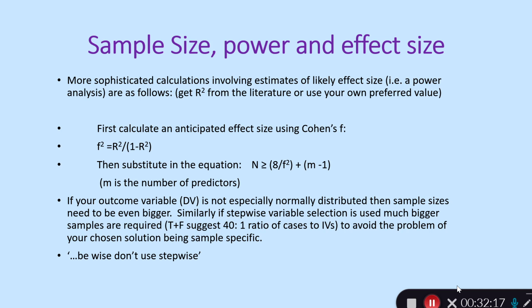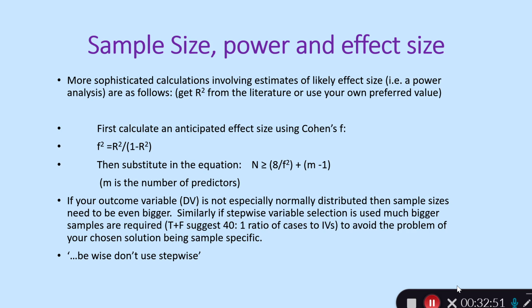So if we're doing research on a particular topic, what they're suggesting here, from the Tabachnick and Fidell textbook, is you have a look through the literature and see what sort of R squared value similar research in this particular area is reporting. And then you use that to get an estimate of what size effect you should be looking for and what kind of sample size you should be looking for. And you can use this calculation here.